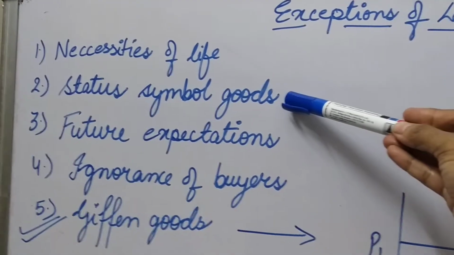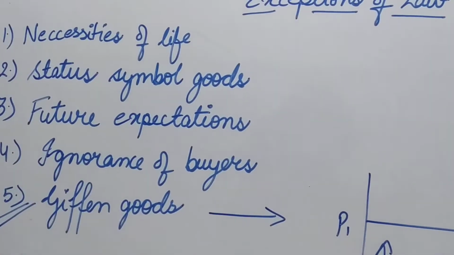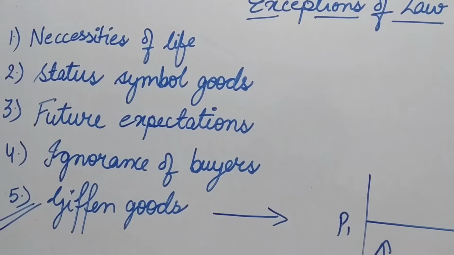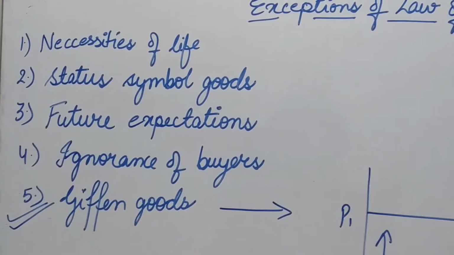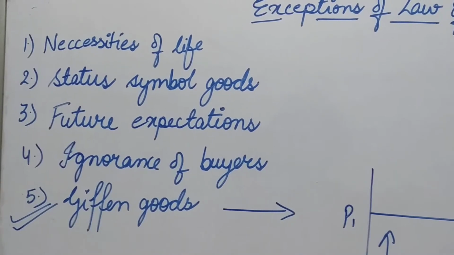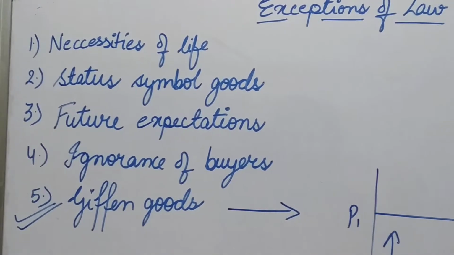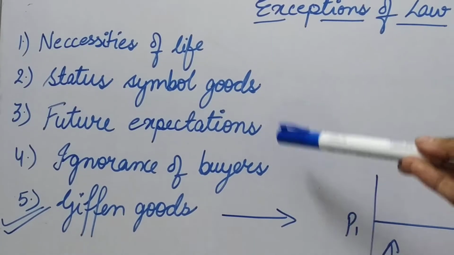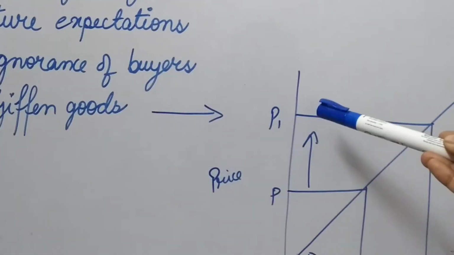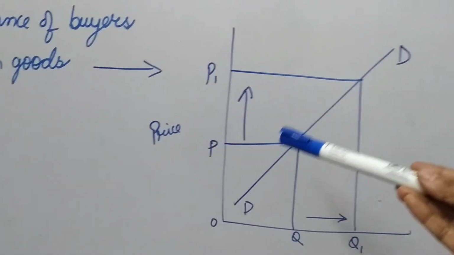Second is status symbol goods. Status symbol goods are also known as conspicuous goods. These are goods purchased by the rich sections to show their prestige, so they will be purchased more at higher prices. Why do they purchase more at higher prices?